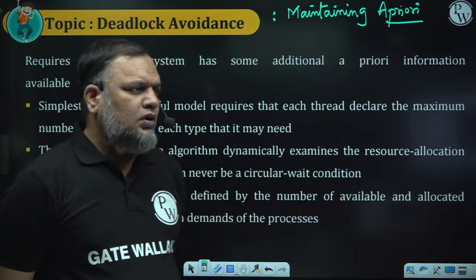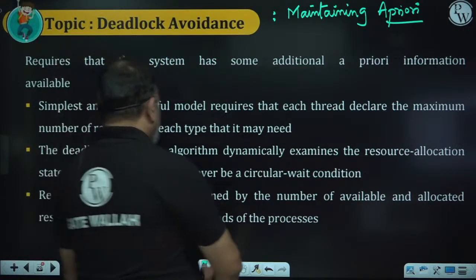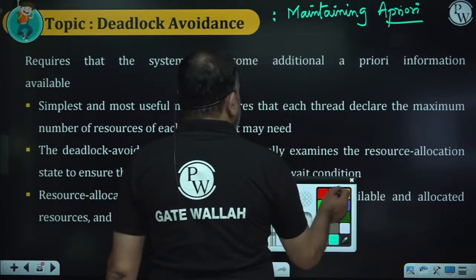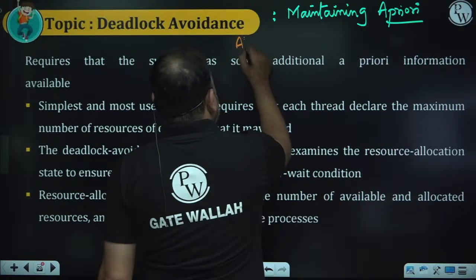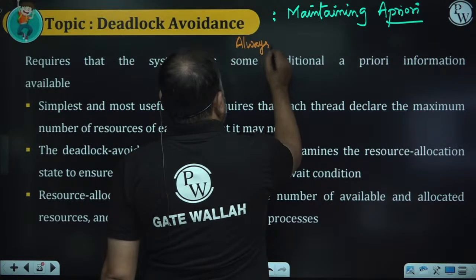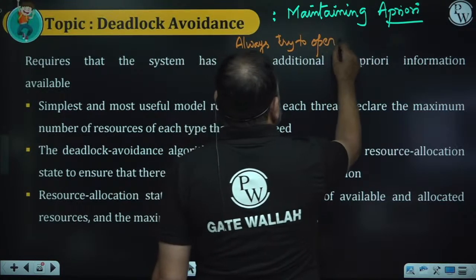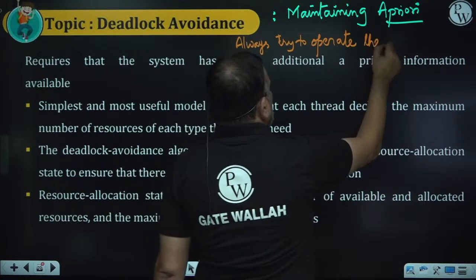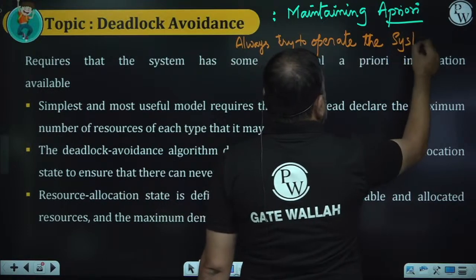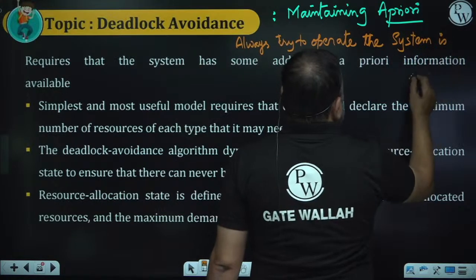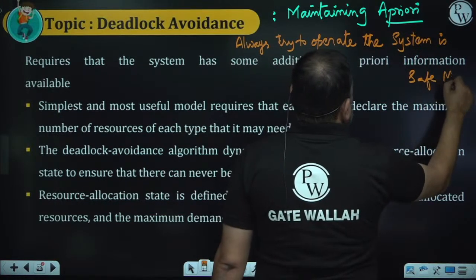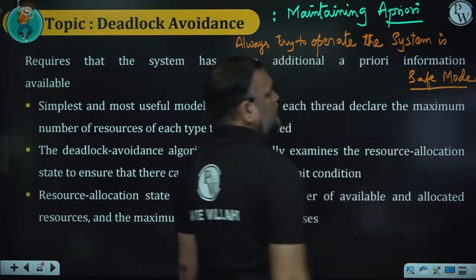And the basic ideology of Banker's algorithm is, the basic logic I am writing down here, always try to operate the system in safe state या safe mode.